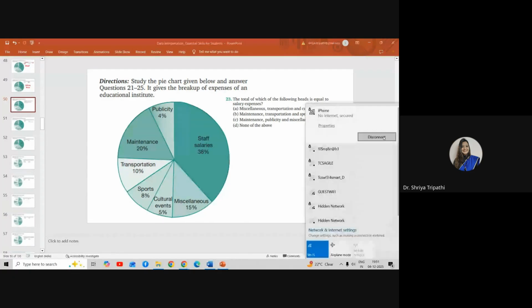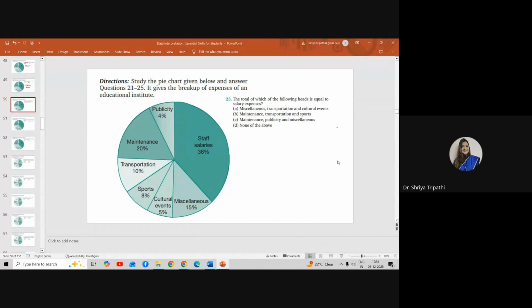Okay, B. Maintenance, transportation, and sports. Maintenance is 15%, transportation is 10%, and we are adding sports 8%. So total 38. Very good.